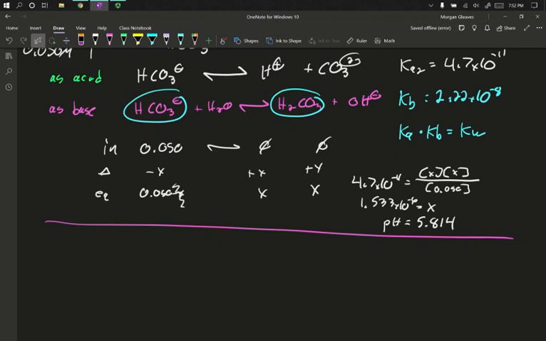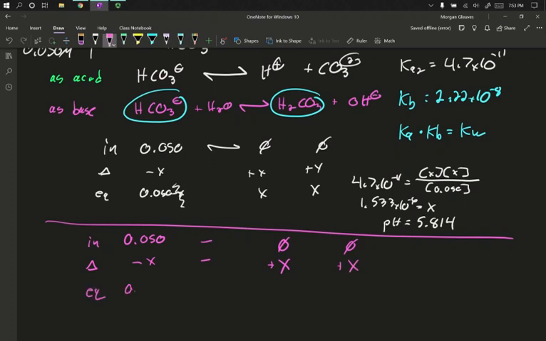And we could imagine that. We could say, hey, initially there's 0.050 for our bicarbonate. Water concentration doesn't change. There'd be no carbonic acid and no hydroxide from this source yet. There'd be some change. I'd lose some bicarbonate. Water wouldn't matter. I would gain some H2CO3 and some hydroxide.